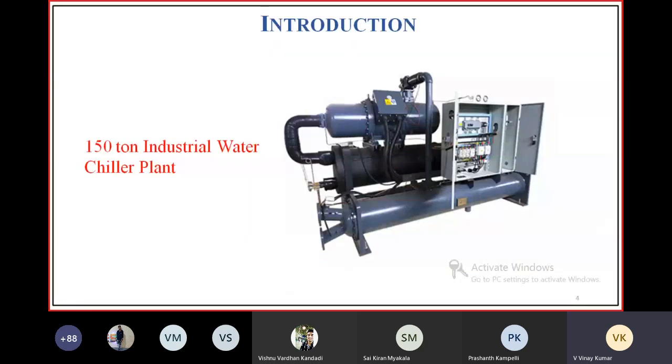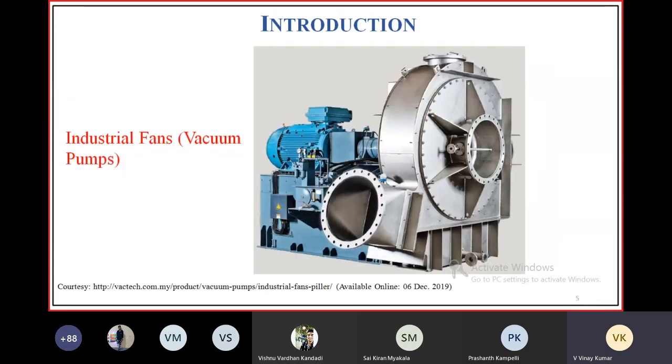This also works on a three-phase source. We have industrial fans. Most industries utilize three-phase system. Domestic appliances need single-phase system, whereas some industries need three-phase system, which plays a major role.